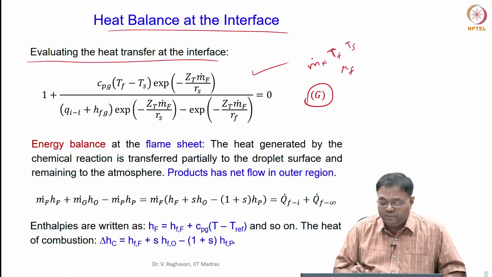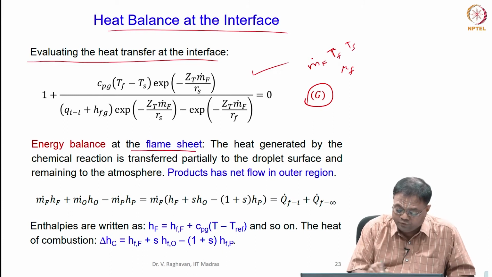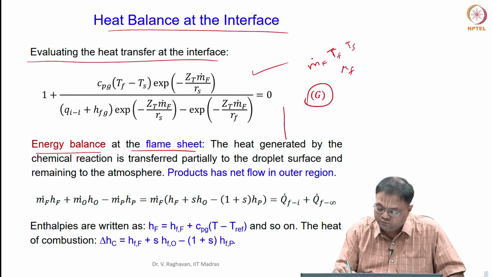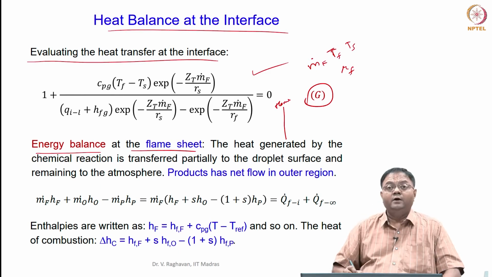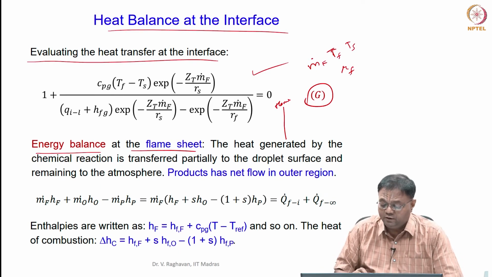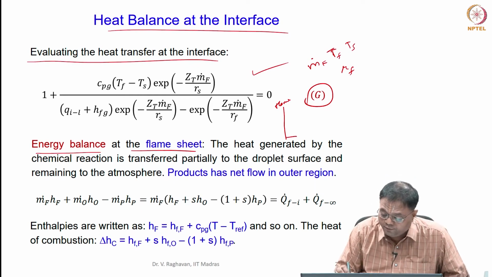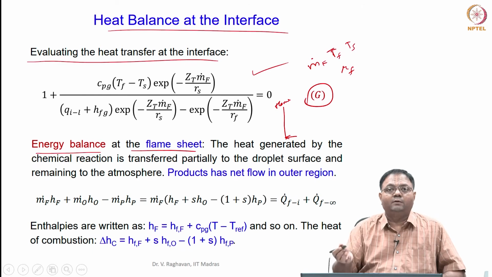Now let us do the heat balance at the flame sheet. Next is the energy balance at the flame sheet. This is the flame. How does the heat balance occur here? Whatever chemical energy is converted into thermal energy will be partially transferred.